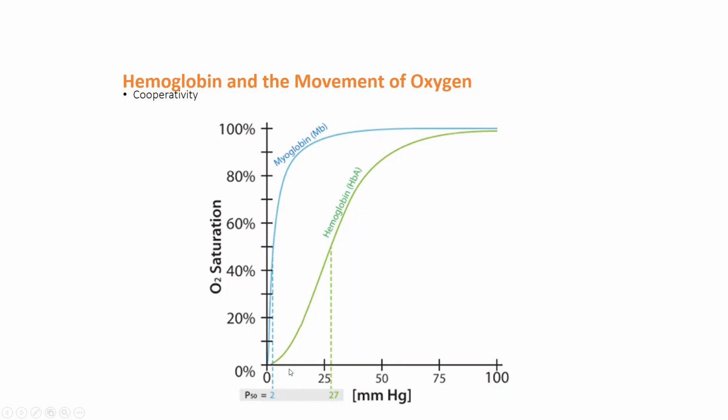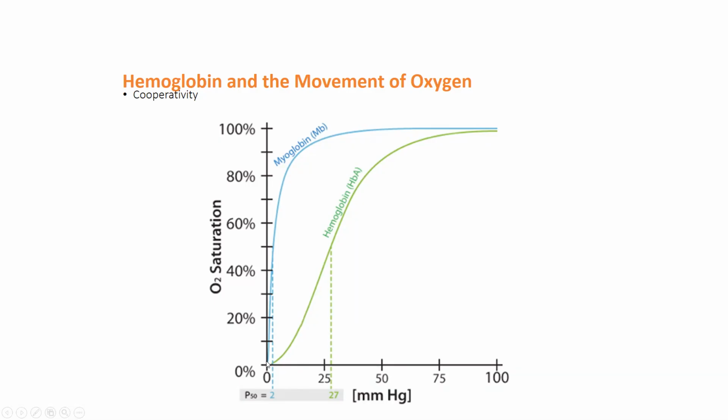But at the bottom, the tissue will say, I'm suffocating. There is no oxygen for me. It's only 5%. So the hemoglobin will say, okay, I'm going to let go of 90%, and now it's going to let go of all the oxygen it has.